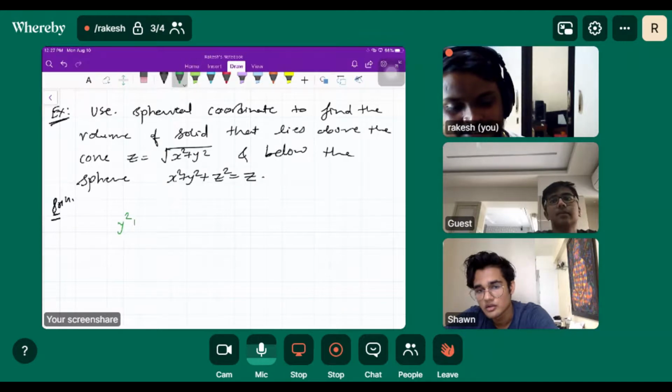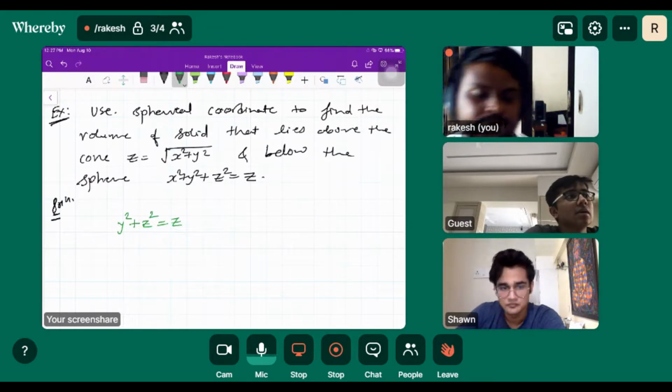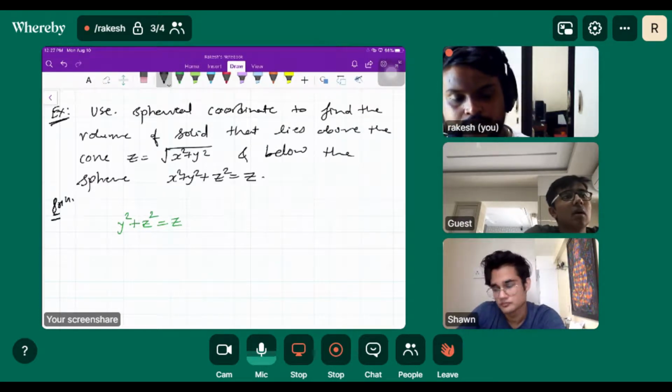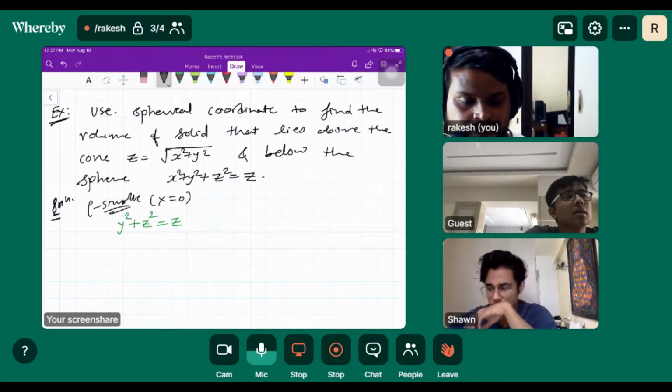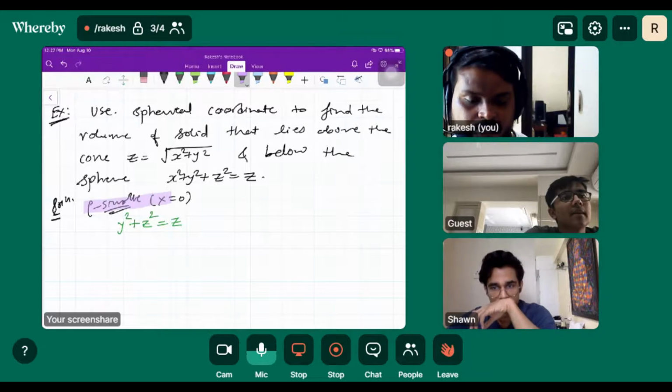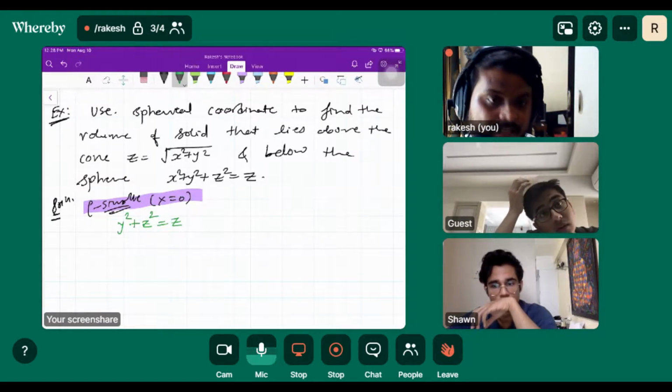It's a cylinder. No, it's not a cylinder. For rho simple, we set x equal to 0, and we get this equation, y square plus z square equals z. What is that? That's not a cylinder. The question is, what is that?